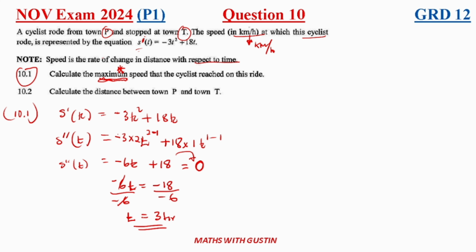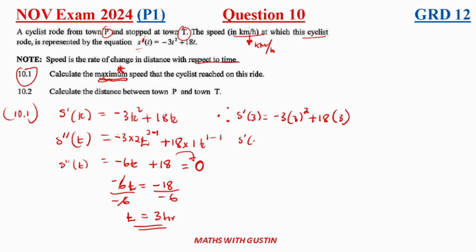After this, guys, we're going to take this time it took to reach maximum speed and substitute it back into the original equation to find the speed. So it means S when t is equal to 3 is going to be negative 3 times 3 squared, and so on. We're substituting into the original equation of the speed. Now we're going to punch this into our calculator.